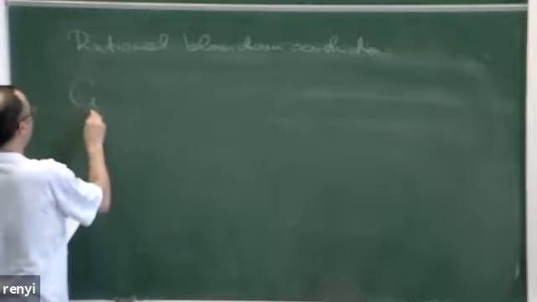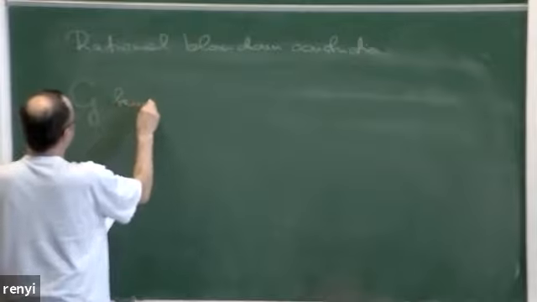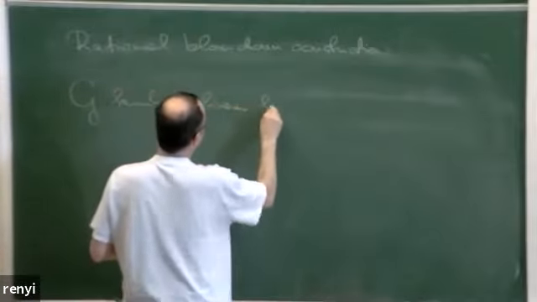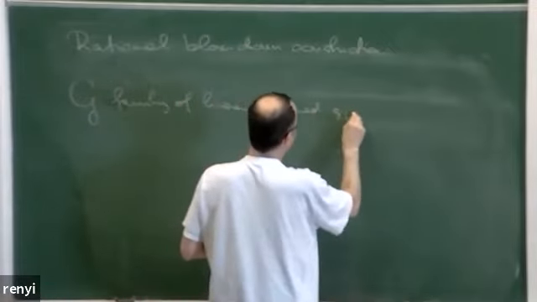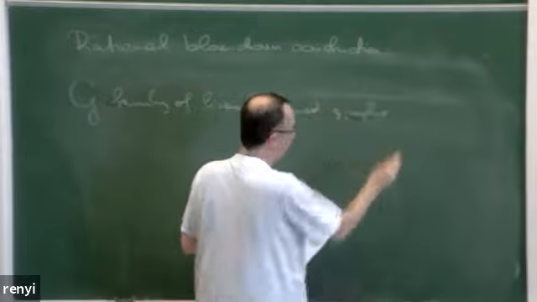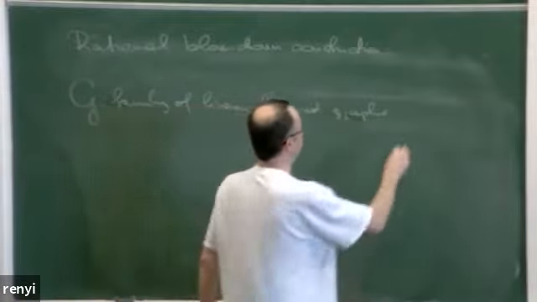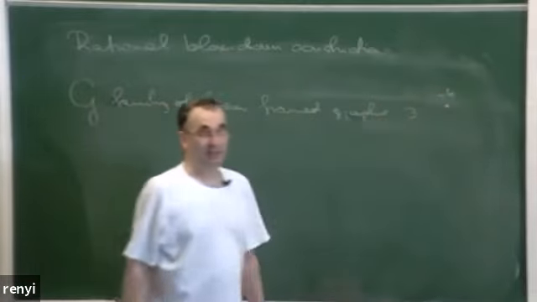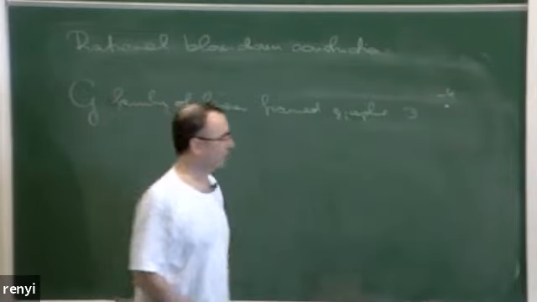So we consider the family G of linear framed graphs, where framing of a graph means that we attach an integer to every vertex, which contains this very simple guy, a graph which has only one vertex, no edges, and the -4.